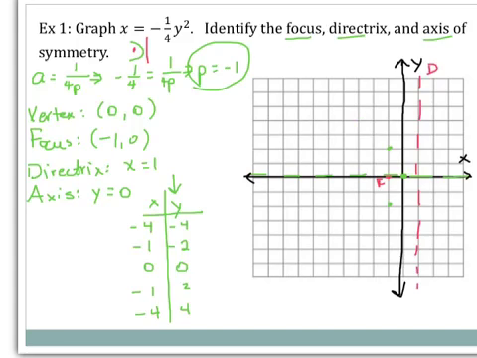Let's change that. So 1, 2, 3, 4. There we go. That looks better. And we're going to connect these with a smooth curve. And we've now got our parabola graph. A lot of steps, but it's really logical. So let's try another one.